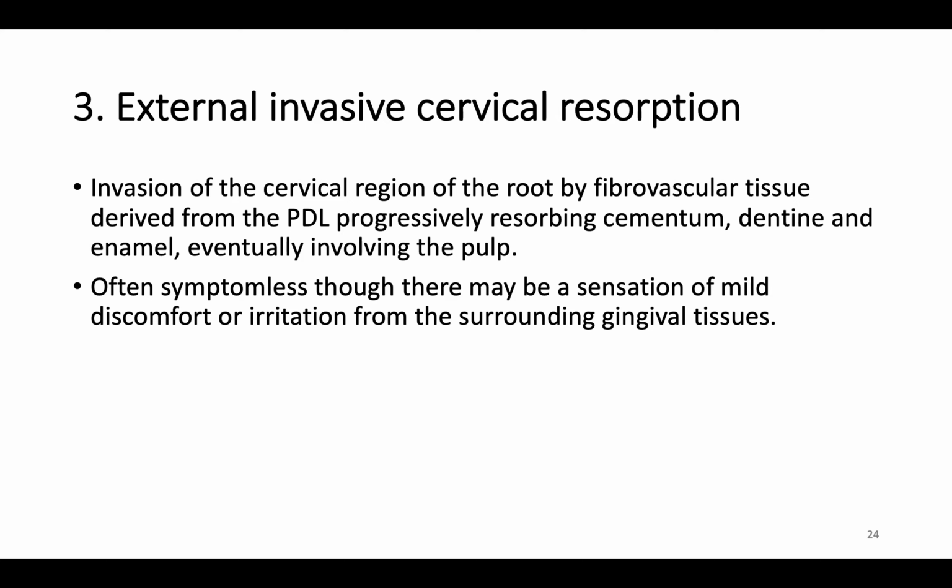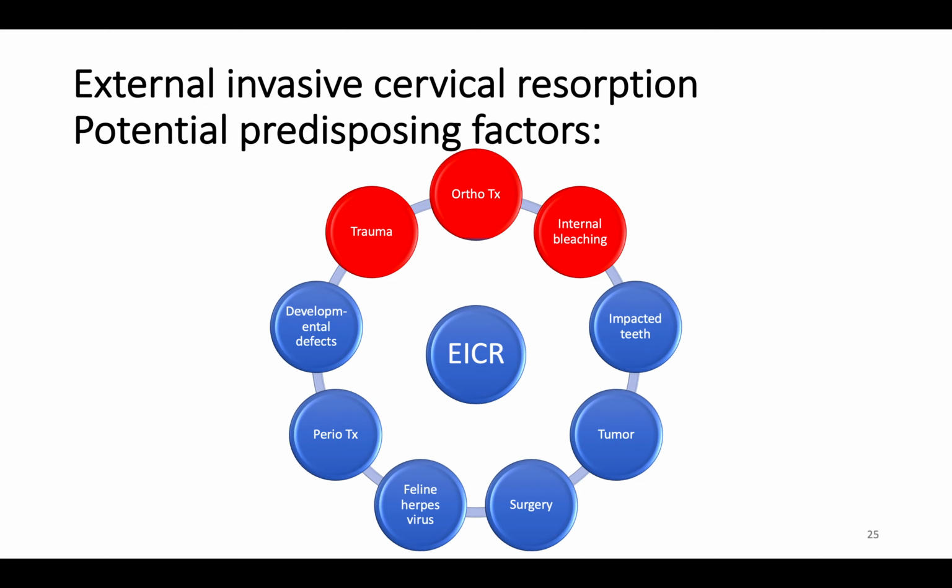This fibrovascular tissue will progressively resorb the cementum and dentine and even enamel. Eventually, if left untreated, it will reach the pulp. It's often symptomless, although the patient can have mild discomfort or irritation from the surrounding gingival tissues.